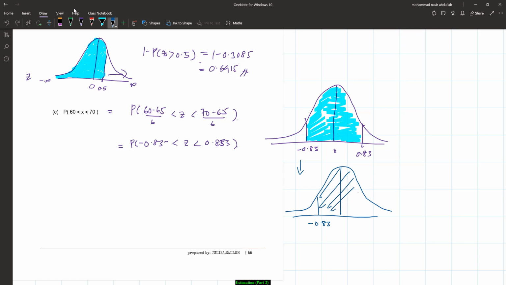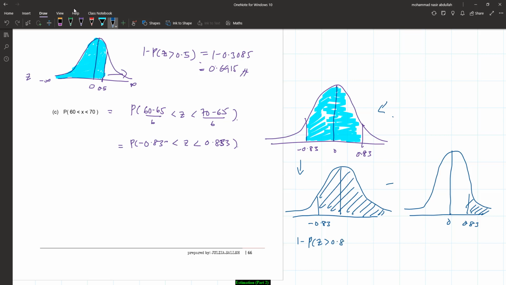We want the whole area to the right of negative 0.83 minus the area to the right of 0.83, and then we get this area. So it is 1 minus the probability of z more than 0.83, minus the probability of z more than 0.83.